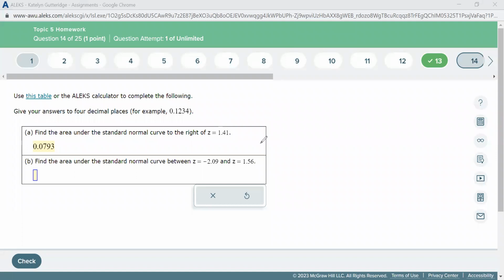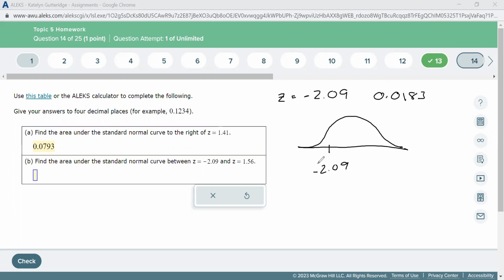Okay, so for part B, for z equals negative 2.09, when we looked that value up in the table, it gave us 0.0183. That is to the left. So if we're thinking about our graph, we have negative 2.09 on it, and we'd have a vertical line with shading to the left of that. That is what the 0.0183 represents.